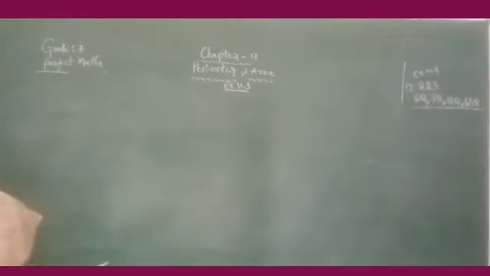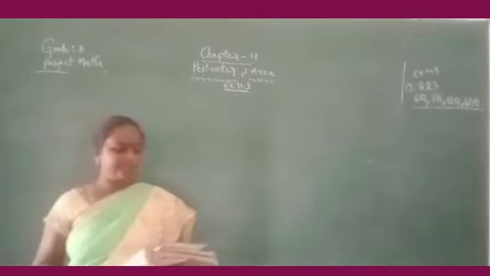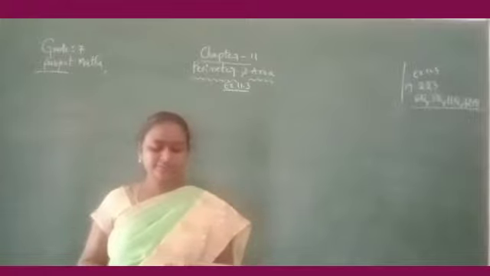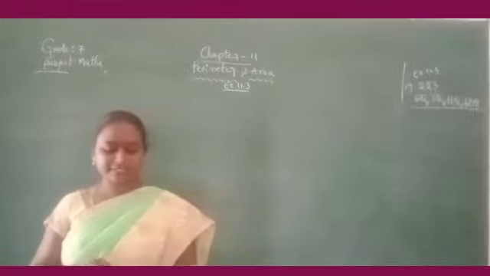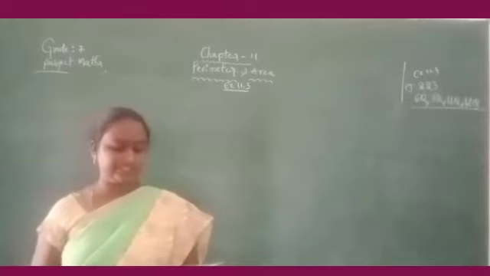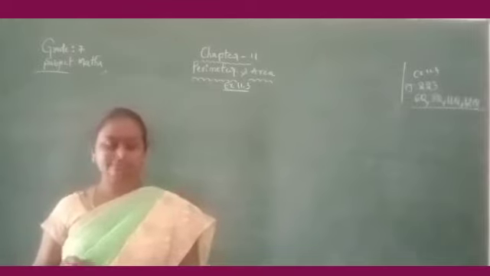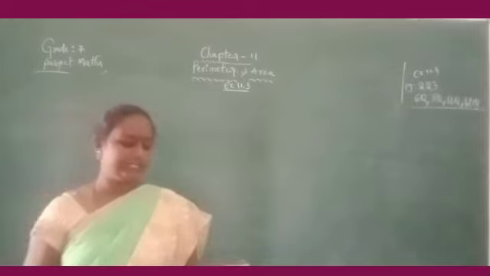Next, see the 13th question. A circular flower bed is surrounded by a path 4 meters wide. The diameter of the flower bed is 66 meters. What is the area of this path? Okay, so here we have to find the area of the path.